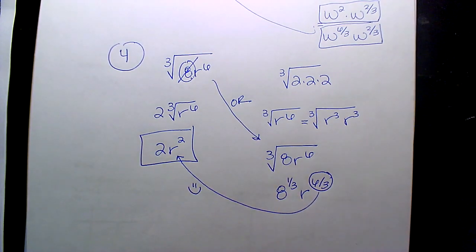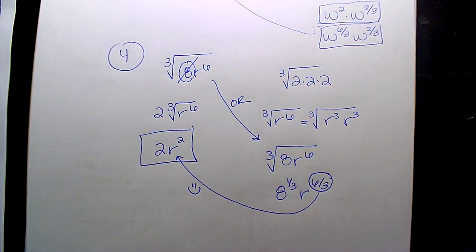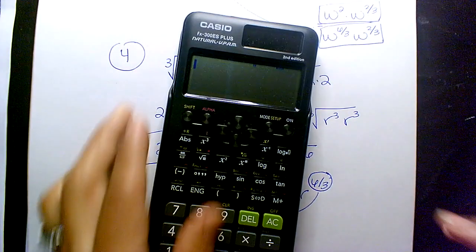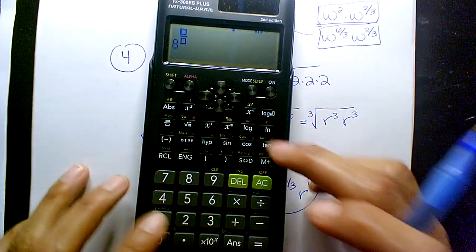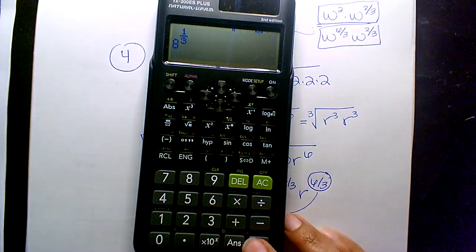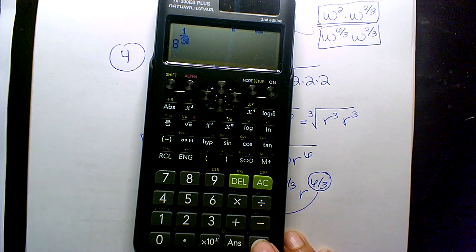But what's 8 to the 1/3? If it is a number base, you should be able to take it to a value. You can always use your calculator. What's 8 to the 1/3? It'll give you 2.